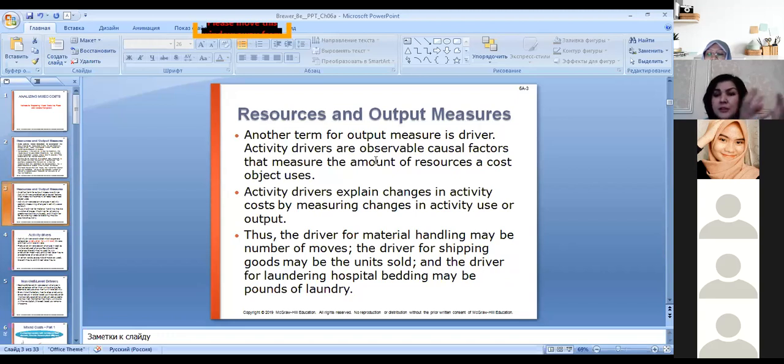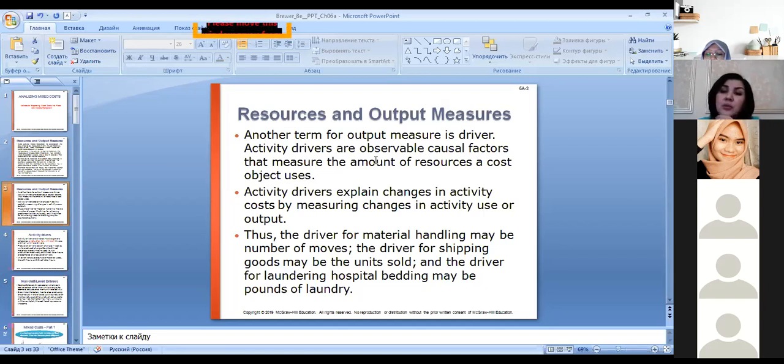So we said material handling department. These are the workers who take material from the storeroom and bring the material to the production department. These workers incur costs, they have to be paid, and these are material handling costs.